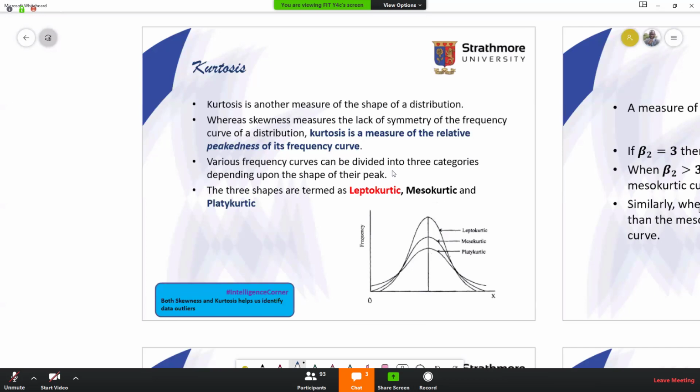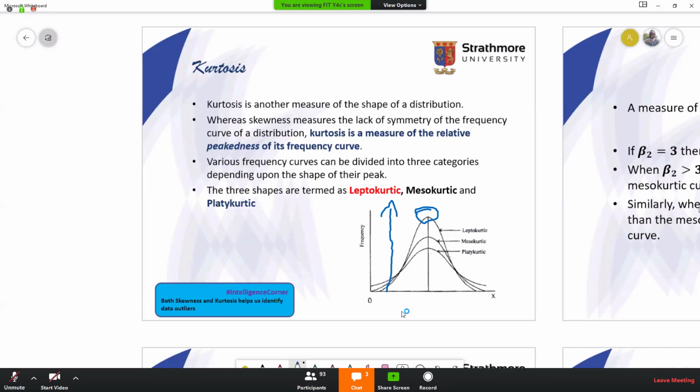But kurtosis measures the height, or the peakedness, the peak of the distribution. It tries to measure how high the distribution is going.